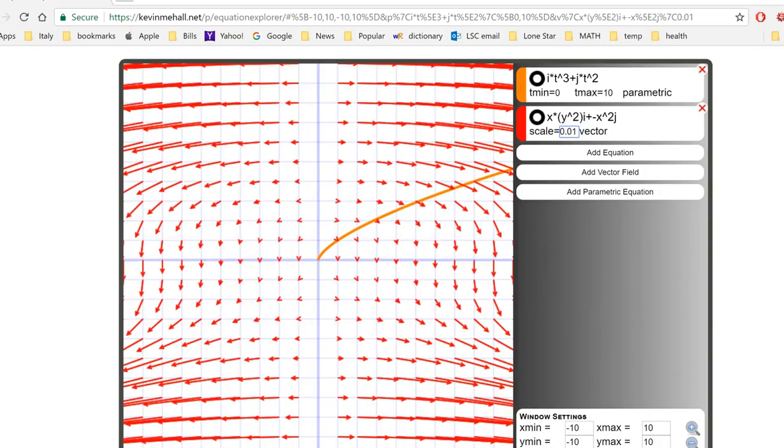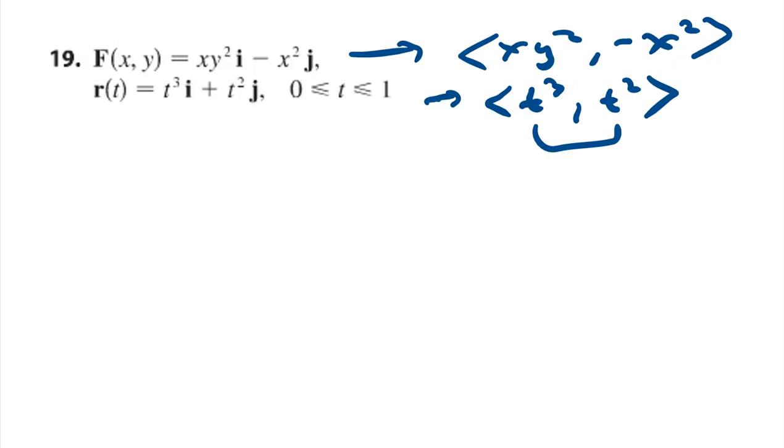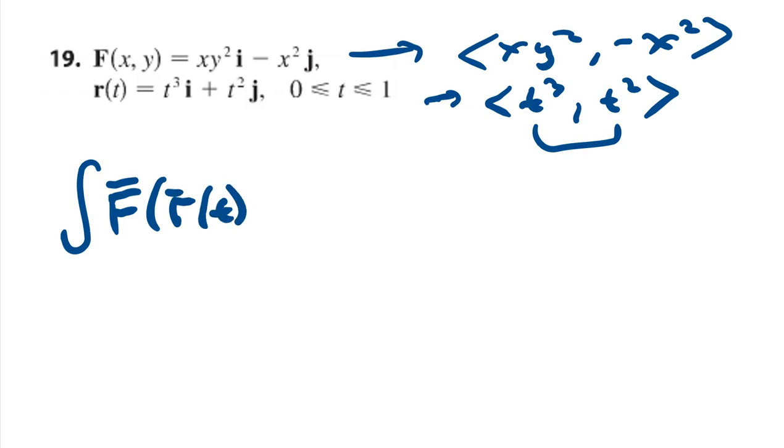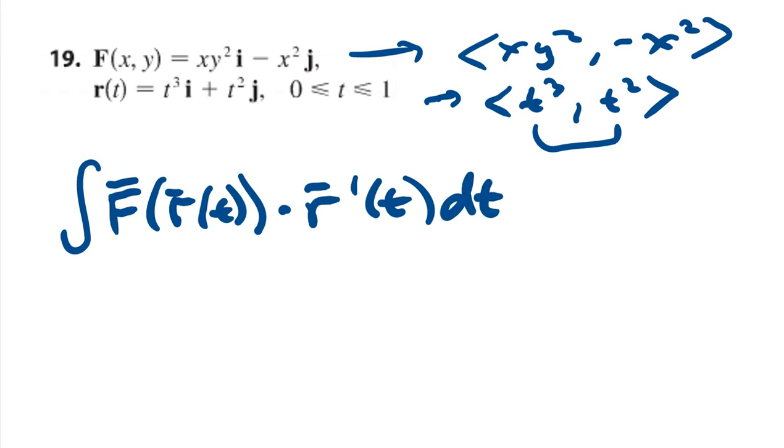All right, let me take this away. Let's do this problem. So we go integral F of r of t dotted with r prime of t dt. I want you to memorize this, by the way. For F of r of t, you just plug r in. I'm plugging in t cubed for x and t squared for y.